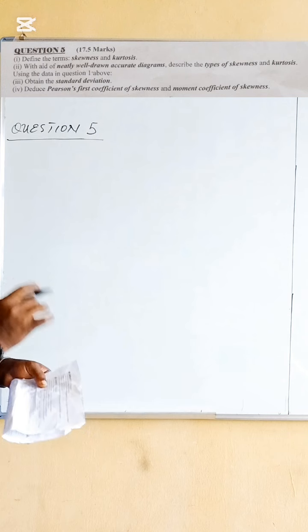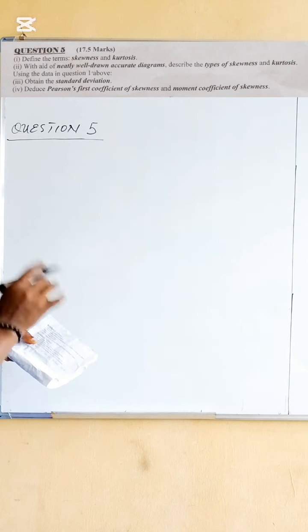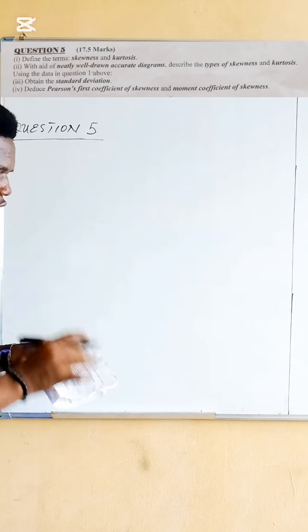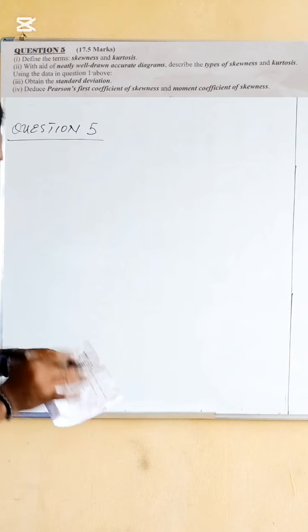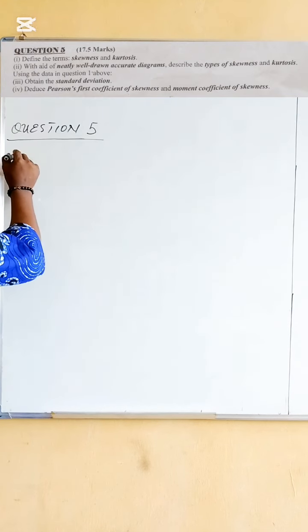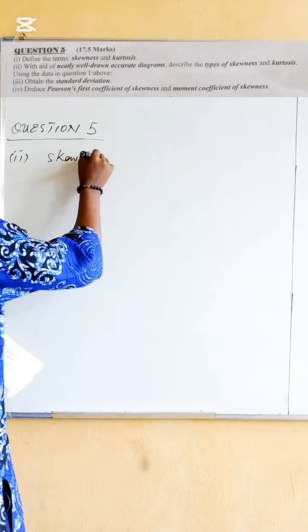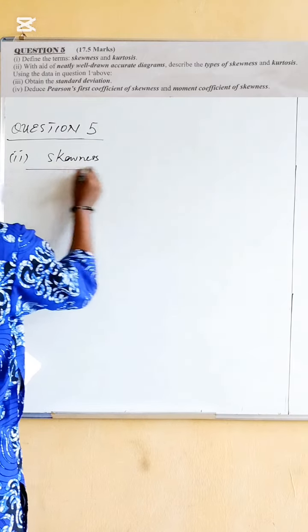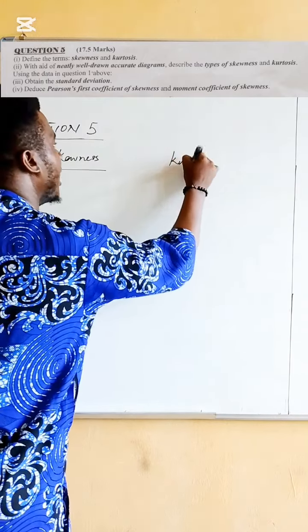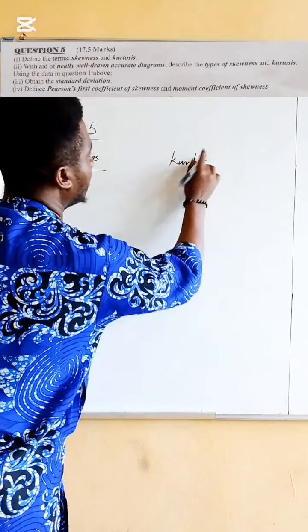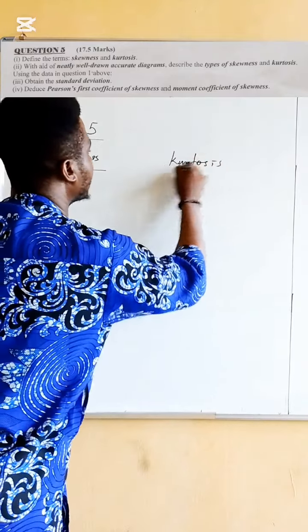The next question, II in 5, says, with the aid of neatly well-drawn accurate diagrams, describe the types of skewness and kurtosis. So I'm going to put here, under skewness, I'm going to do the following, and under kurtosis, I'm going to do the following.